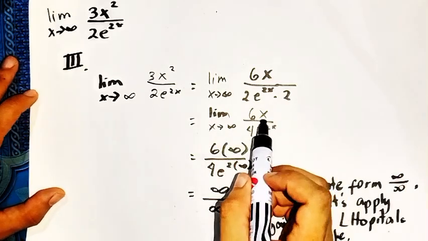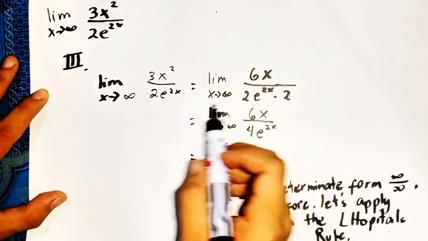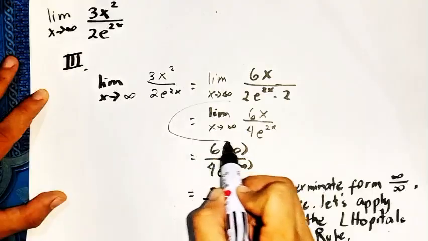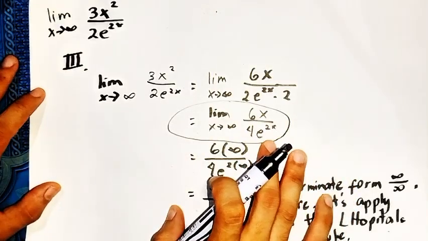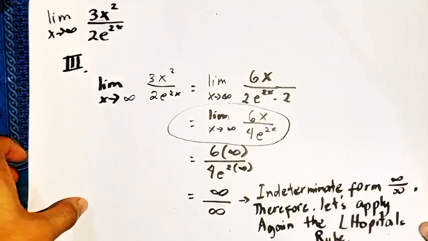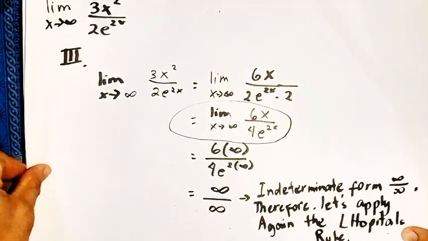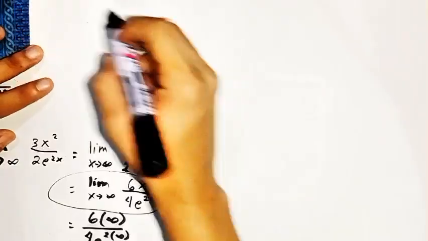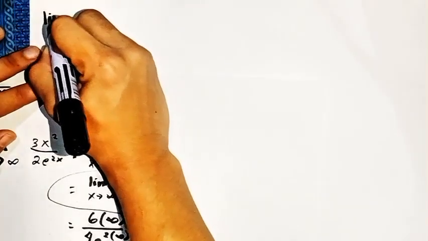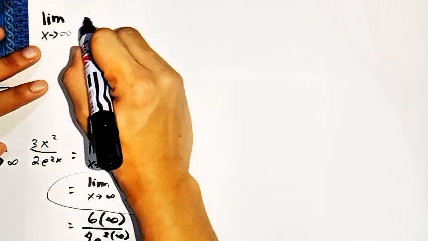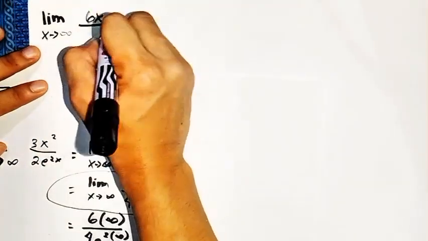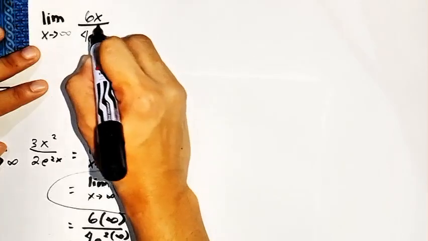Since this is the second derivative, we're going to use this equation to find the third derivative. So let's copy the equation. We have limit x approaches infinity, 6x over 4e to the 2x.